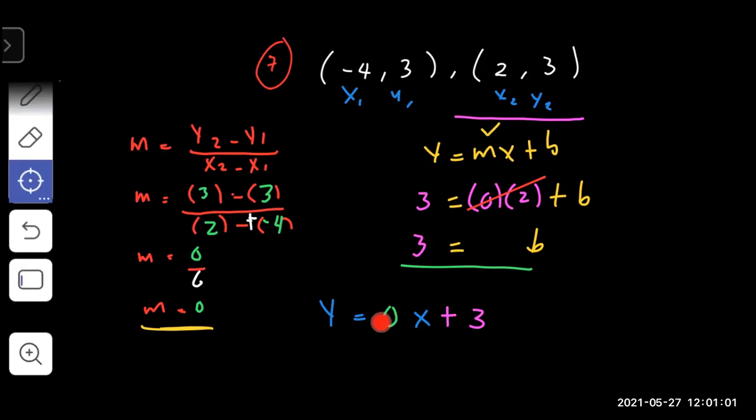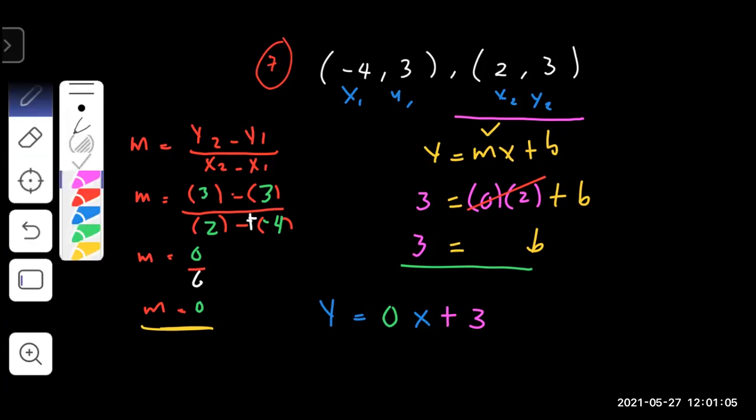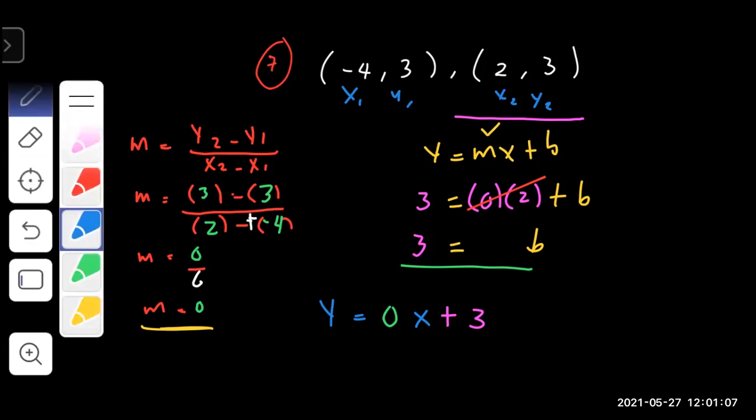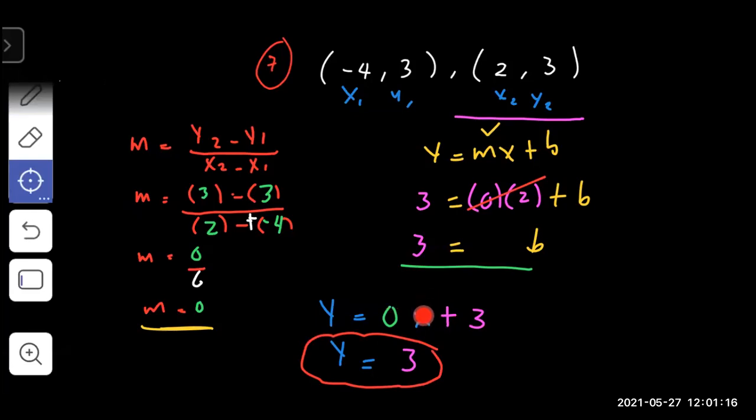But if you want to be a top-notch student, a mathematician, you should give this answer: y is equal to 3. Does it make sense, guys? Because 0x is 0, right? It doesn't make sense if you put it, but this is correct. But if you write it like this, guys, oh my gosh, you're amazing.